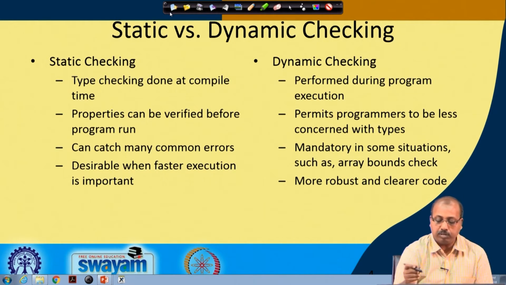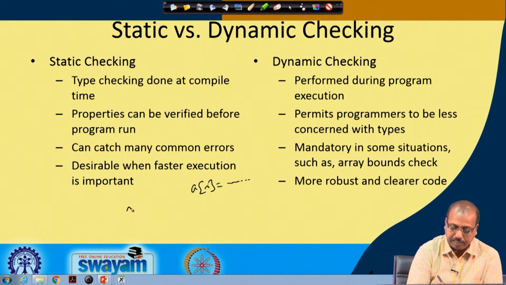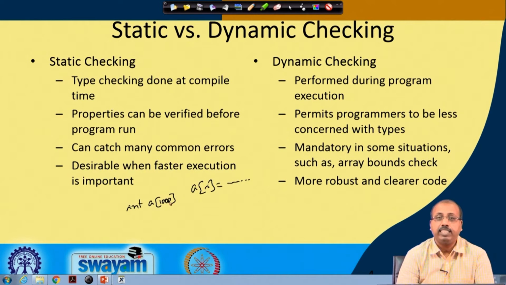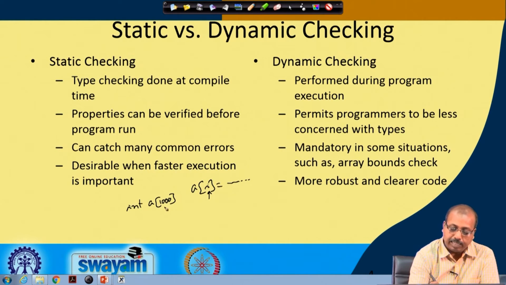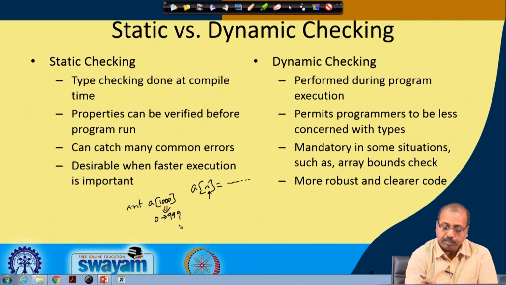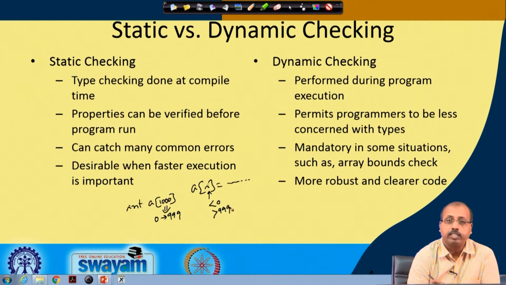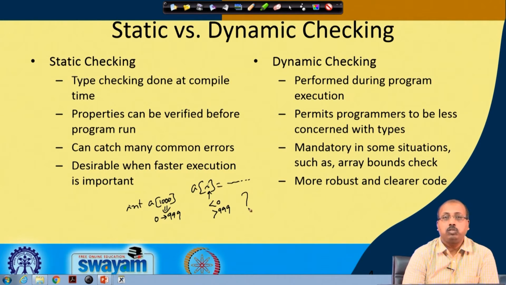Suppose I am writing in a program a line like A[I] equal to some expression. Now, I have defined A to be an integer array A[1000]. Naturally, the valid indices for A are 0 to 999. If the value of I is less than 0 or greater than 999, then what happens?